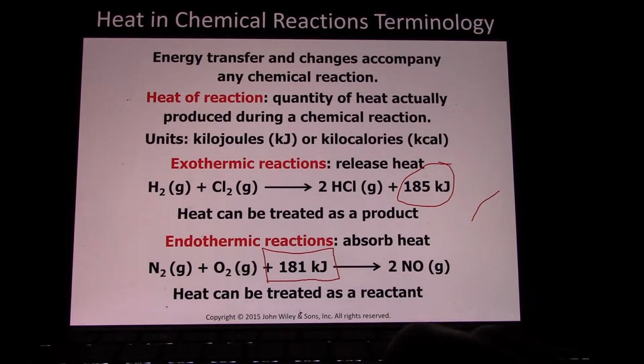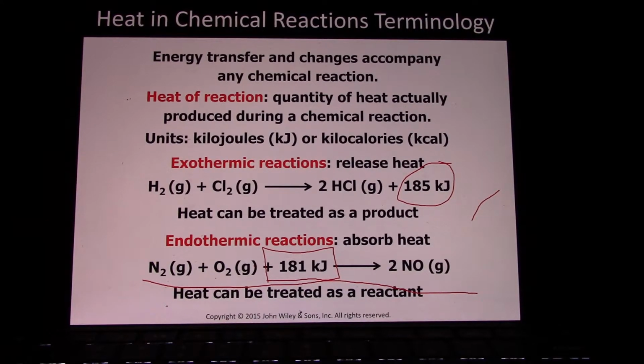Here's an interesting endothermic reaction, because this is one of the pollutants from cars that you can't control with the fuel. Because the atmosphere is already 78% nitrogen and 21% oxygen by mass. So really the atmosphere is like 99% nitrogen and oxygen.